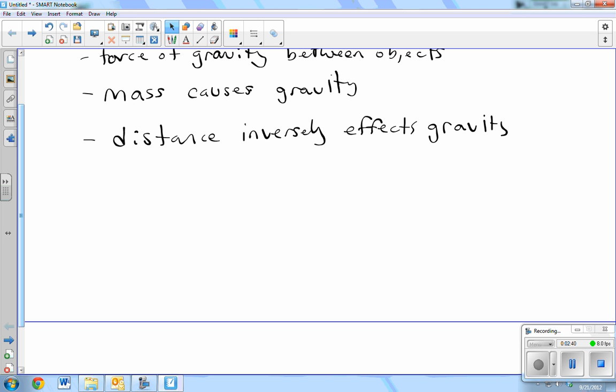Whatever. It's physics, so it affects gravity inversely. And not only inversely, but inversely squared. So if you double your distance, the force of gravity actually goes down by a factor of 4, double squared. If you multiply your distance by 10, gravity will go down by a factor of 100. So it's an inverse square relationship between distance and the force of gravity.